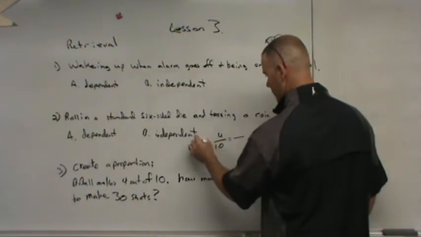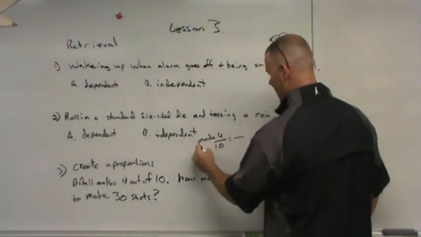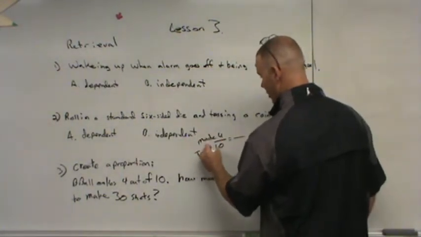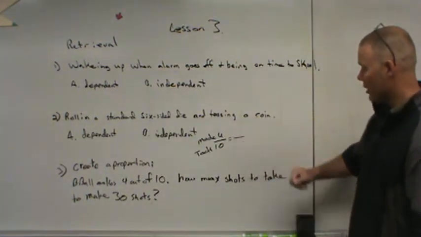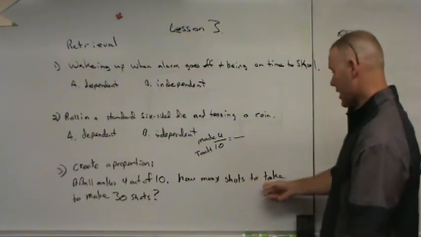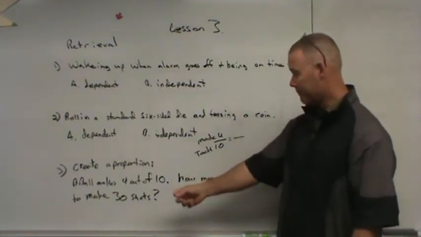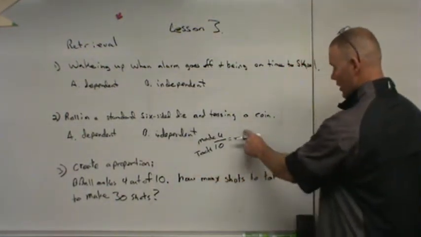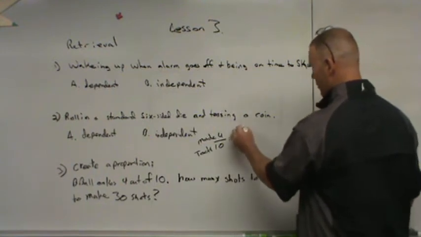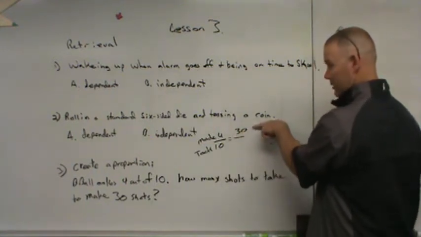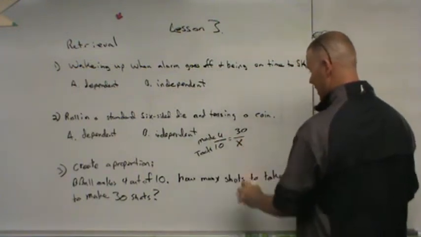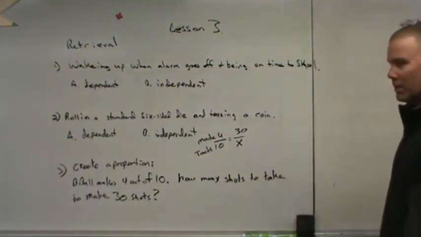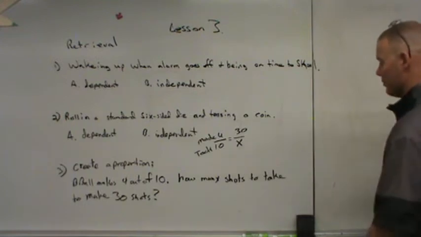So 4 is what they made, 10 is what they took. So over here it needs to be the same. Made, took, made, took. Well, it says how many shots to take in order to make 30. So where is 30 going to go? 30 better go on the make side, which is the top, and how many shots to take, that's what I need to figure out. So that kind of helps you set the proportion up correctly.